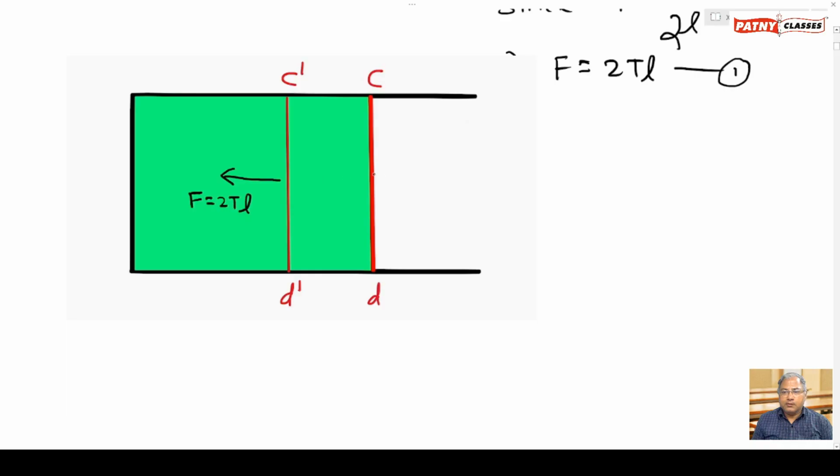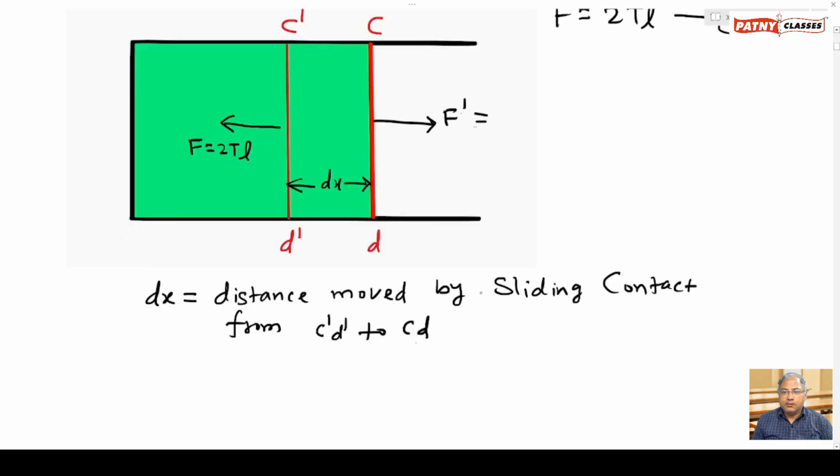And the force applied by us, the external force, is F dash. The distance between the two positions C dash D dash and CD, let us call it dx. So the distance moved by the sliding contact CD due to the external force equals dx.